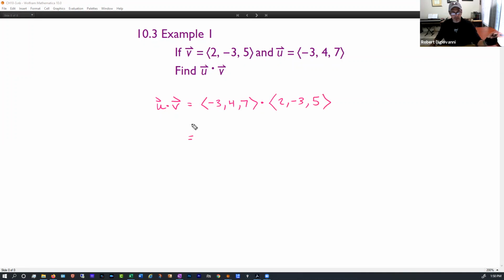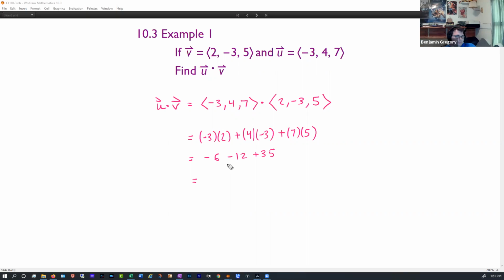That just means I'm going to take the -3 and multiply by 2, then add to that 4 times the -3, and then add to that 7 times the 5, which gives me -6 minus 12 plus 35. So what does this give us? -18, 17? That's what I got. Yeah, 17.